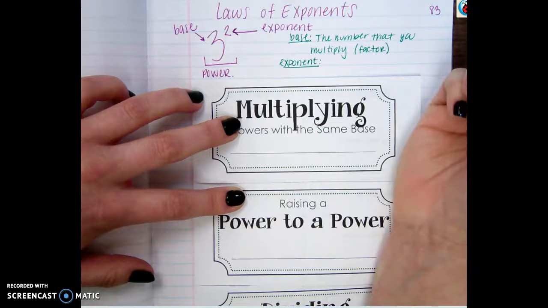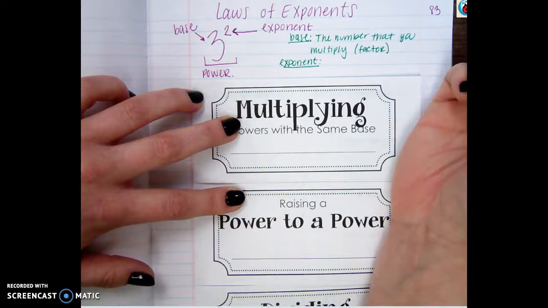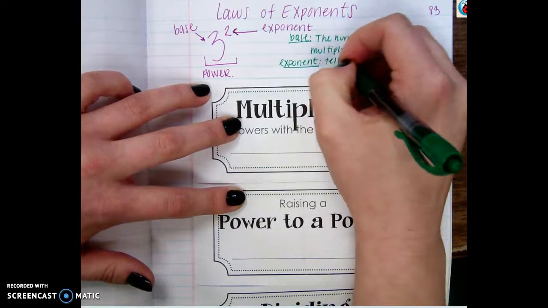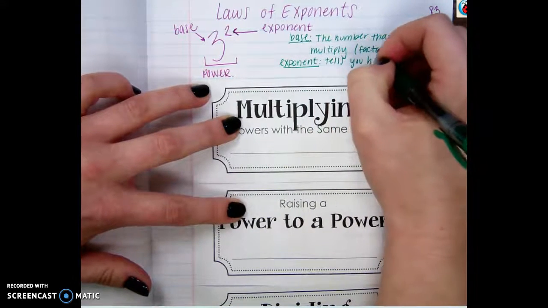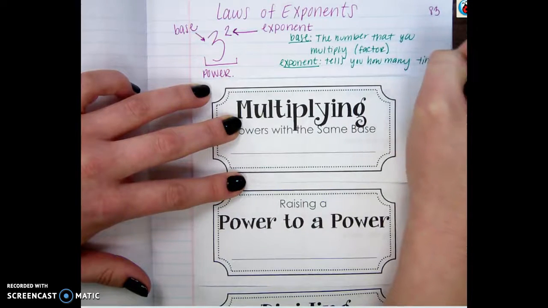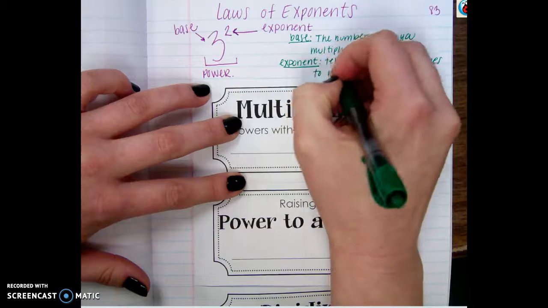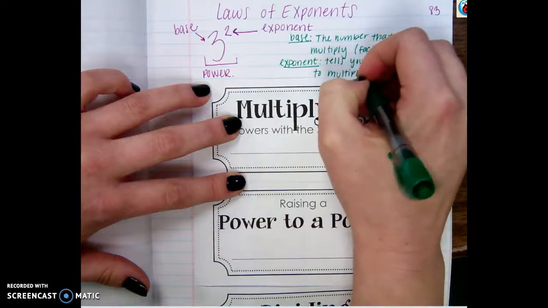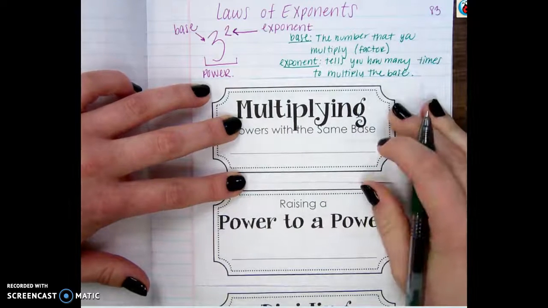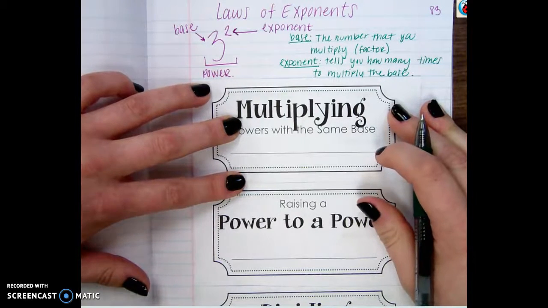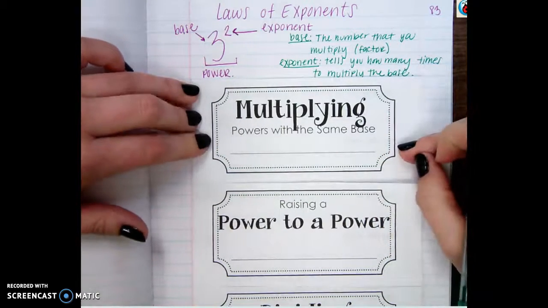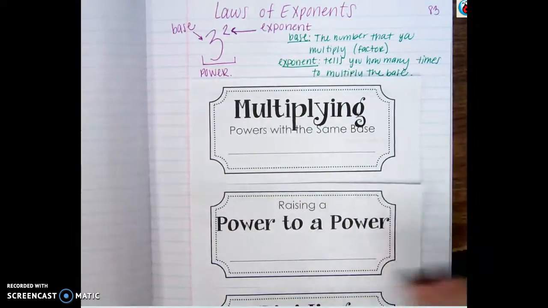That exponent tells us how many times to multiply the base. That's pretty much a review there. We've done that stuff before. You've seen that.